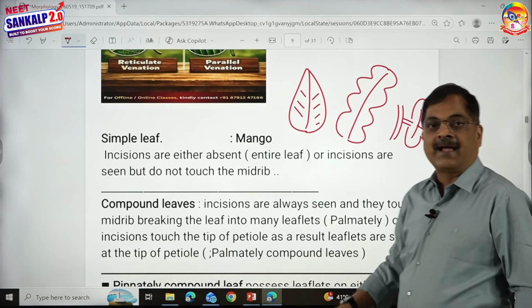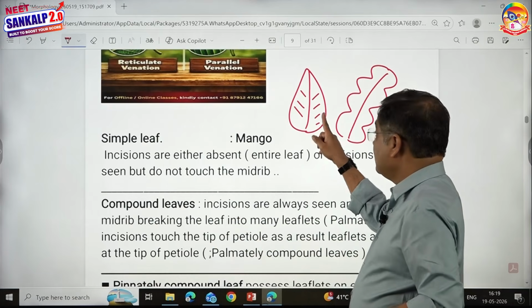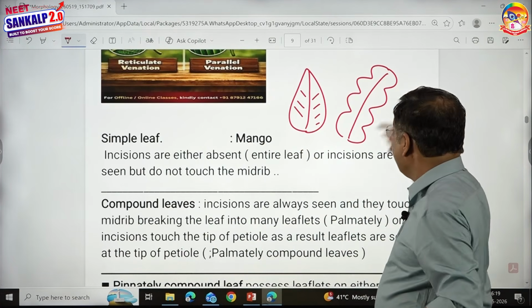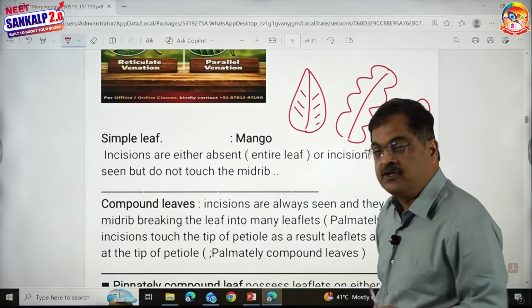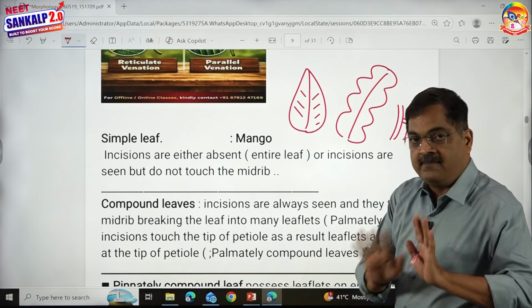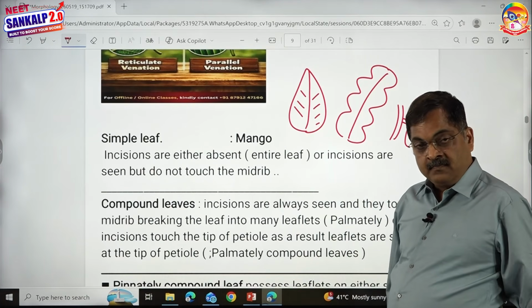This is also an example of simple leaf. Now it's very clear. A simple leaf may be without incisions as seen here, or it may have some incisions. Incisions may be on either side of midrib, or incisions may be at the tip of the petiole. Agreed? All these three are examples of simple leaves.